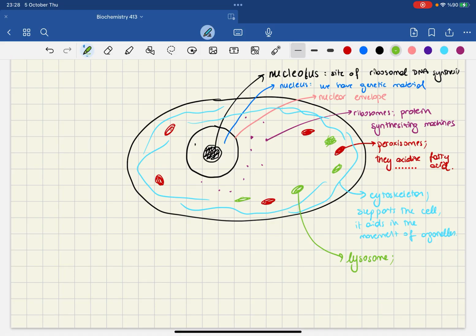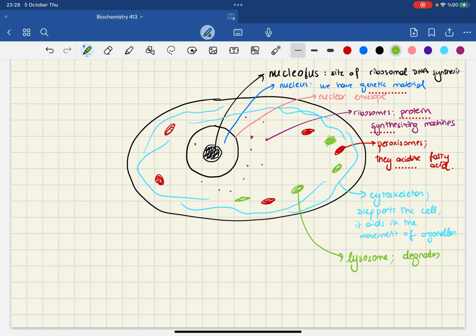Let's say mitochondria have just used up a resource and it is floating around in the cell. Somebody needs to degrade it, right? Now, the lysosome is the organelle which has this function. Let me write: degrades intracellular debris.